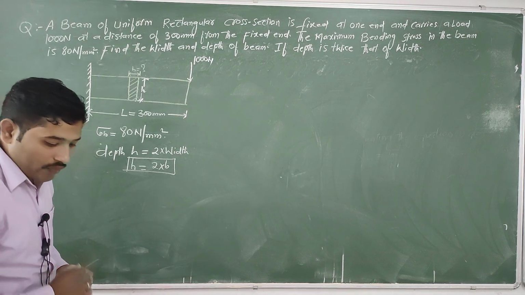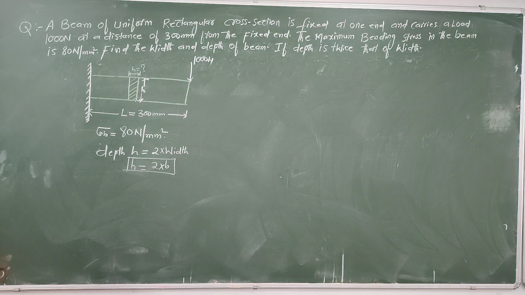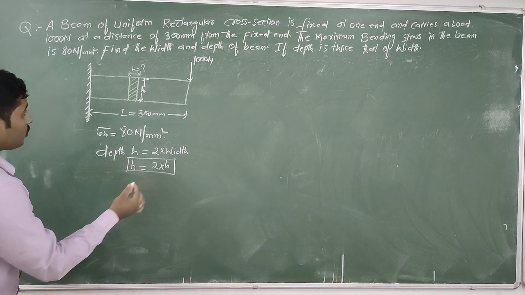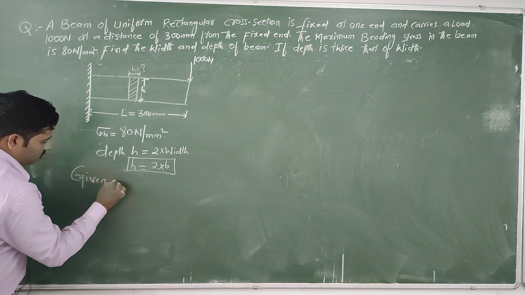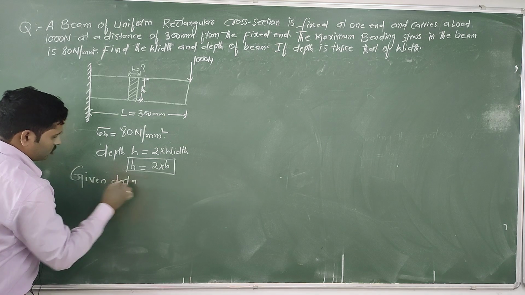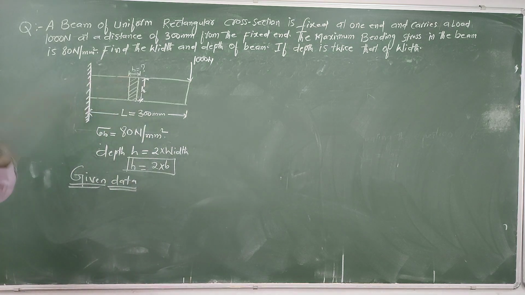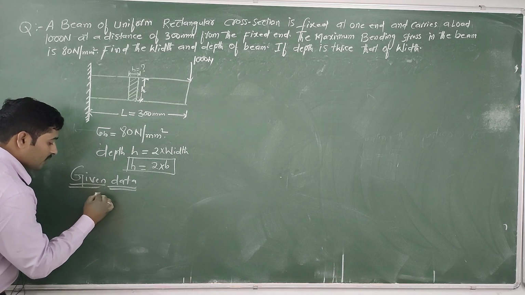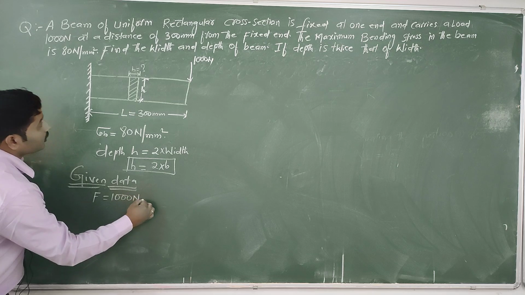Generally, we know very well, the first thing is I will write down the given data. Okay. How much load is acting? The load is acting as a force of 1000 Newton.